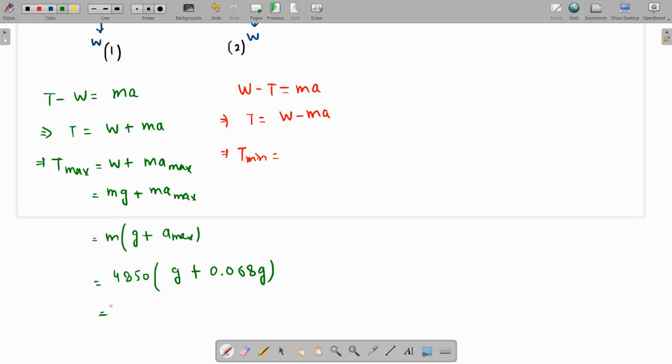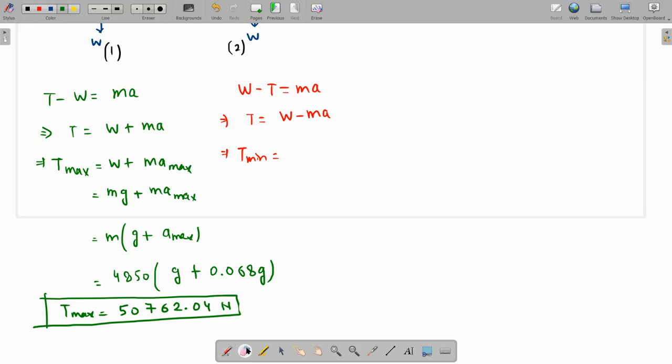Let me grab my calculator here, and this is going to be 1.068 times g times 4850. So that's going to be equal to 50762.04. So this is the maximum tension which the cable can support, and the unit is newtons.